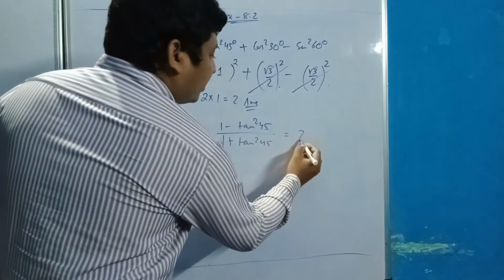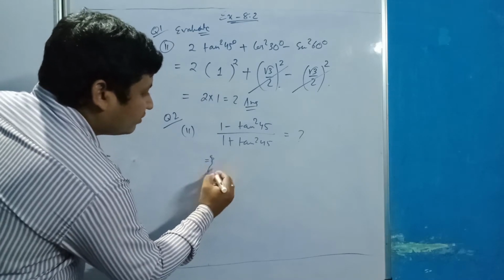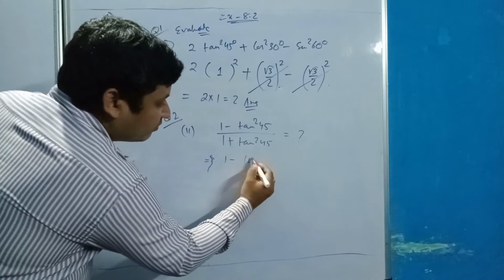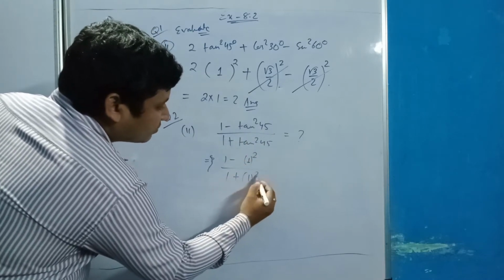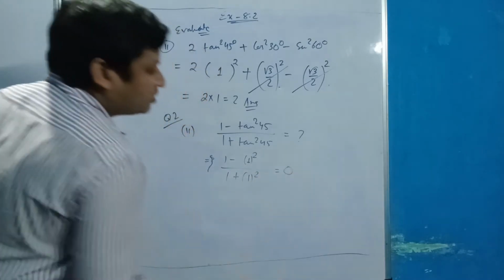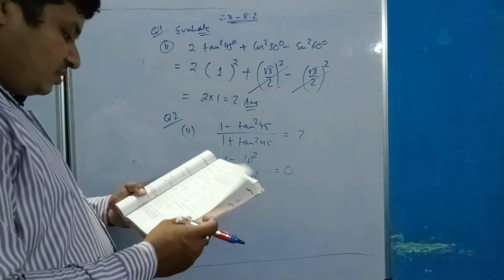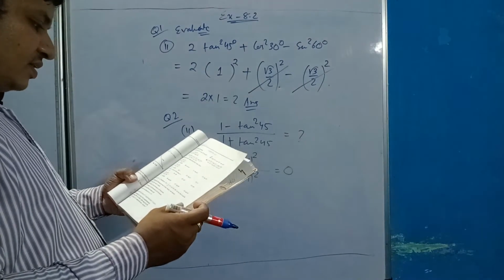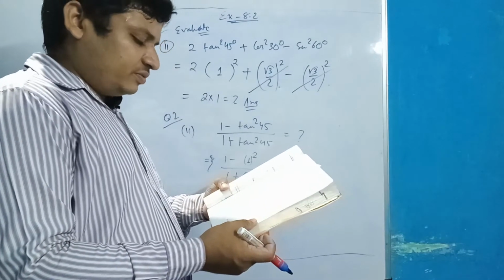Now let us solve. Equal to, I can put 1 minus, in place of tan 45 it will be 1. So square is there, 1 minus 1 square over 1 plus 1 square, 1 minus 1 equals to 0. Anything you do, it will be 0. Other questions are in the same way, you can always find.